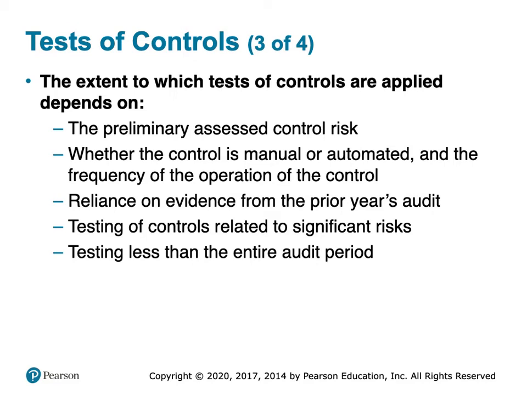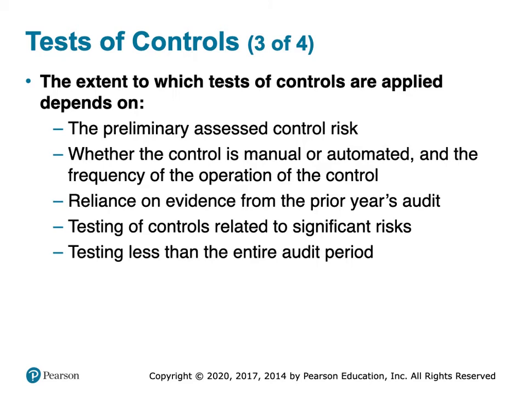There's always the inverse relationship between the amount of test work and the risk assessment. So remember, for detection risk, if detection risk is 0.1 or 0.2, then that means a lot of audit work. If detection risk is 0.6, that means not a lot of audit work.